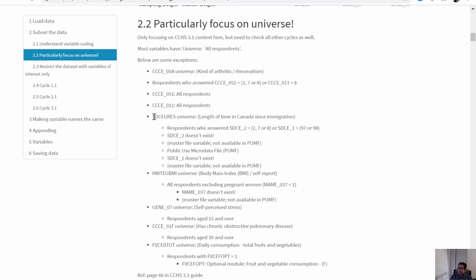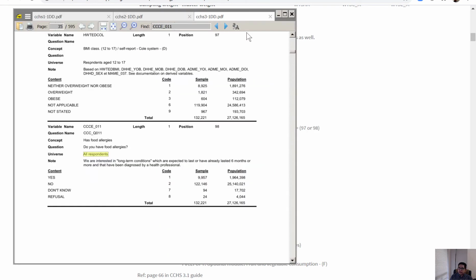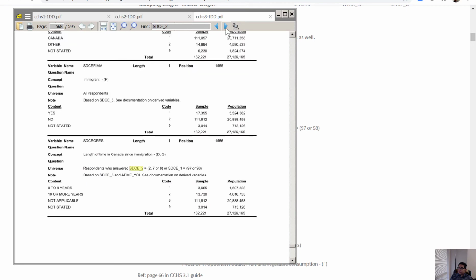Similarly, if you look at this variable, length of time in Canada since immigration, the universe is this. If you look for this variable in the data dictionary for 3.1, you will see this variable is used in the universe, but this variable does not really exist in this data dictionary.